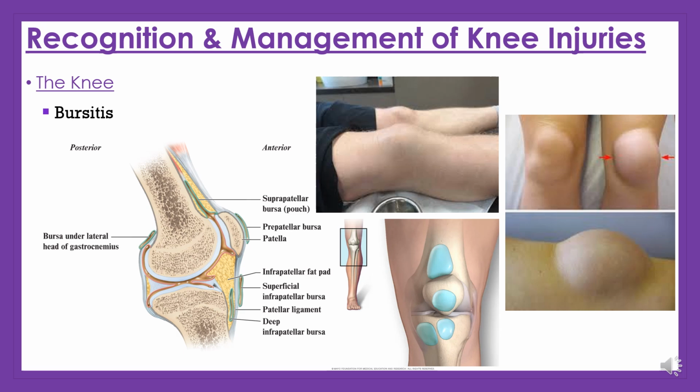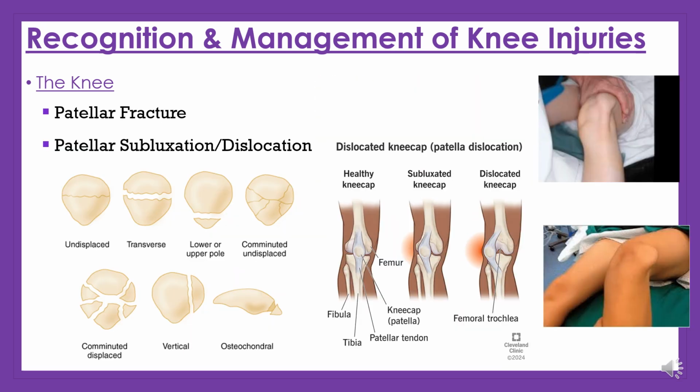The one thing that I want to be clear about, though, is this can actually mask other injuries. So just because you know that there's a bursa sac that has been ruptured, you want to make sure that you still are ruling out any other sort of injuries that may exist underneath all of that swelling. One of those injuries that can exist underneath all that swelling is a patellar fracture or a patellar dislocation.